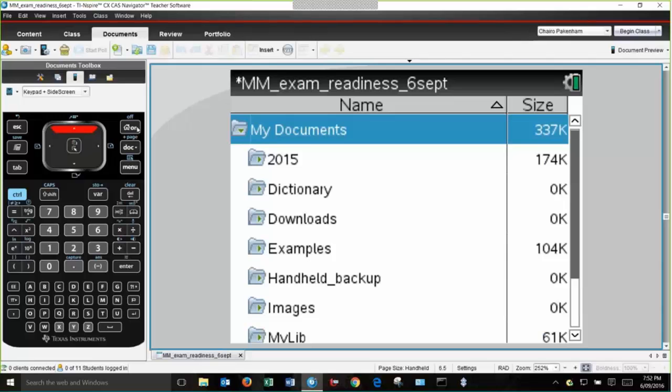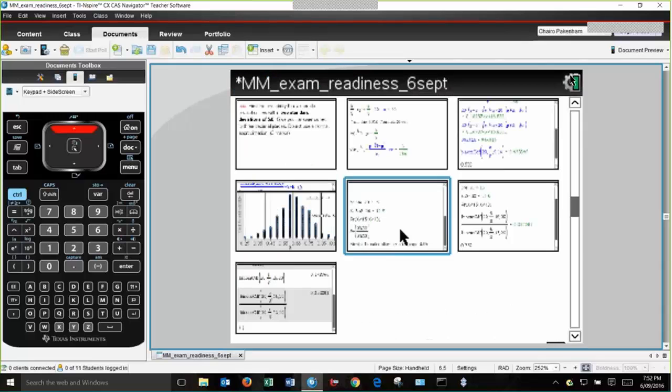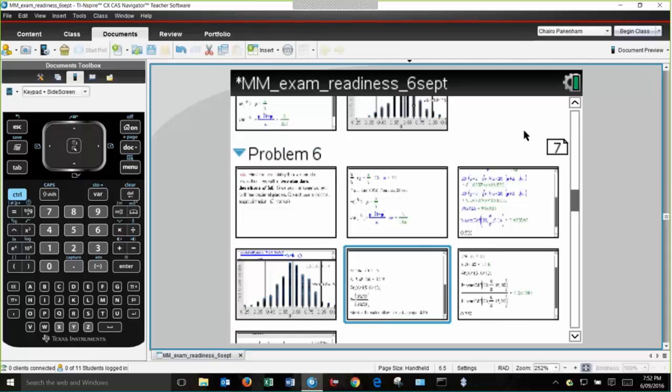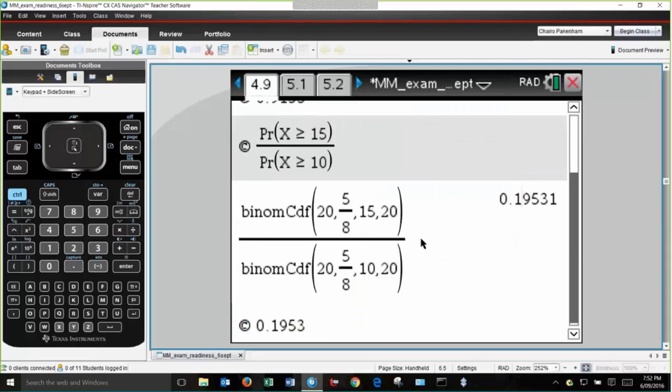Control up arrow, I'll go back to page 4.9. It's very similar to this calculation. If I want to select all of that on the handheld, all I need to do is hold down the Shift key and then arrow across, and it will select. By holding down the Shift key, you can select it all, and then Control Copy. I'll go back to page 6.5, I think it was.